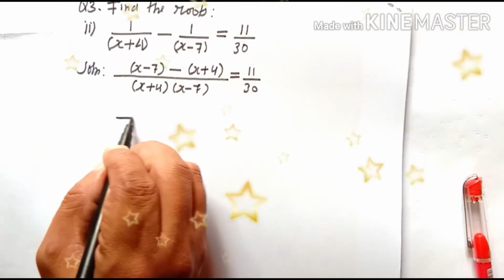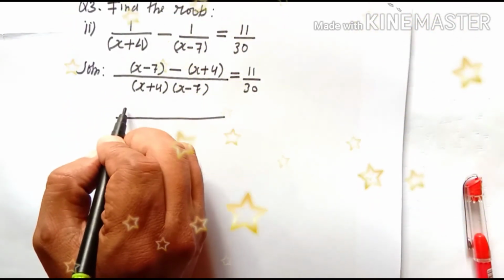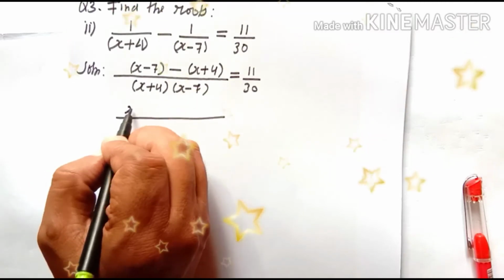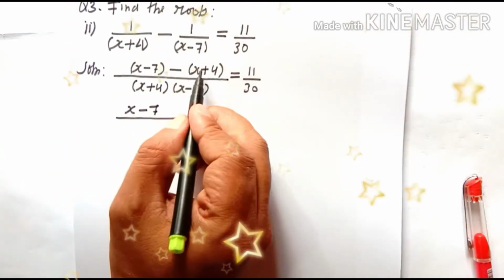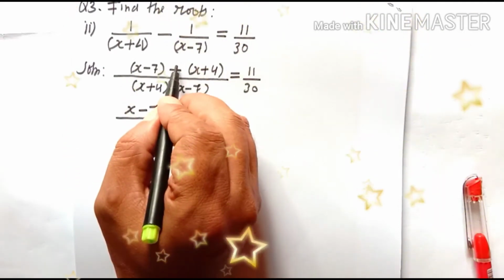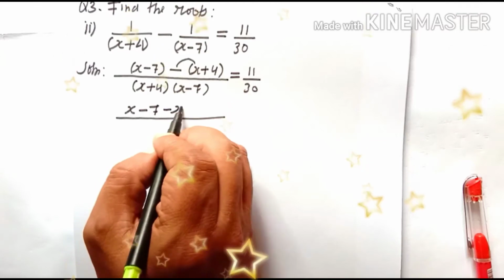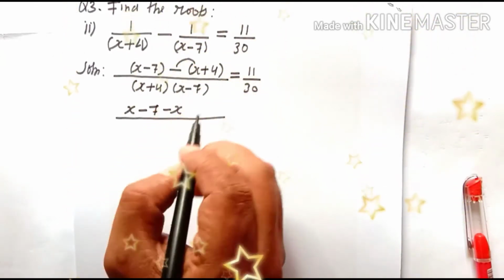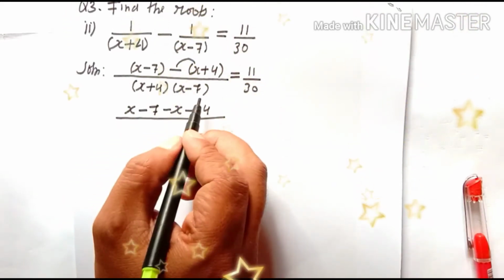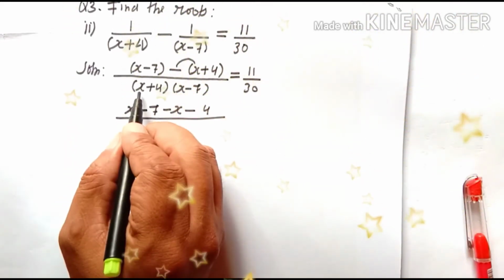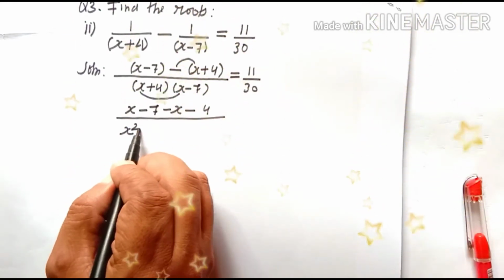Now remove the brackets. We are multiplying by 1, so it will give the same term here, x minus 7. But in this step you'll have to be careful because we are multiplying by a negative. So minus into x will be minus x, minus into minus 4 will be plus 4. Likewise, in the denominator you'll also have to multiply. First multiply by x: x into x is x square.